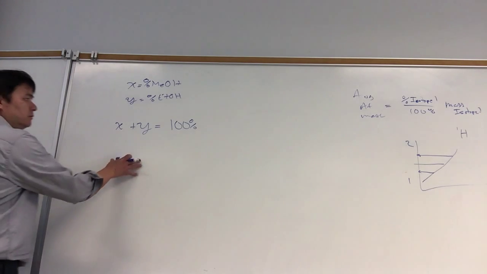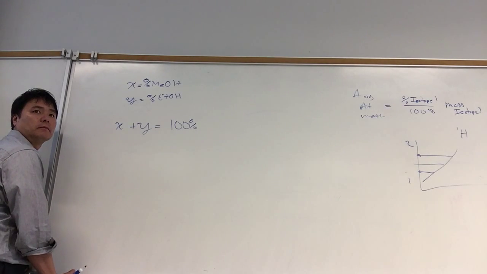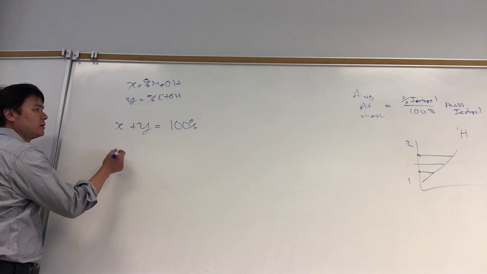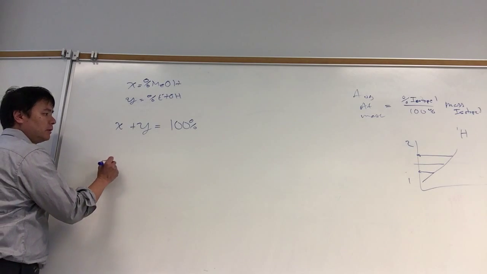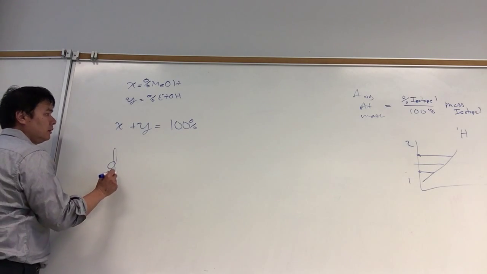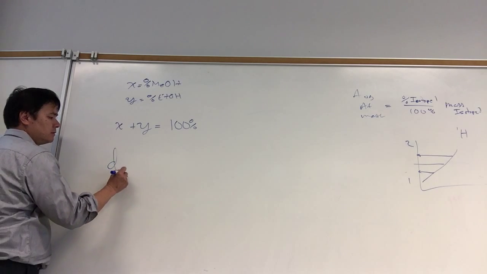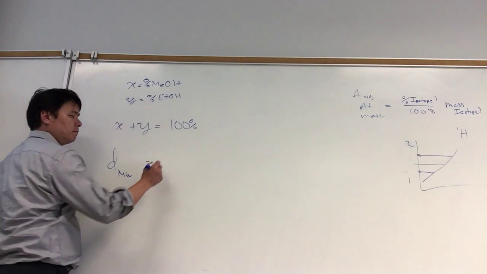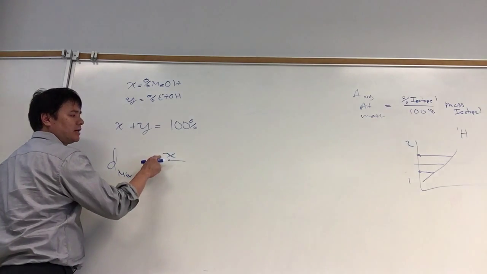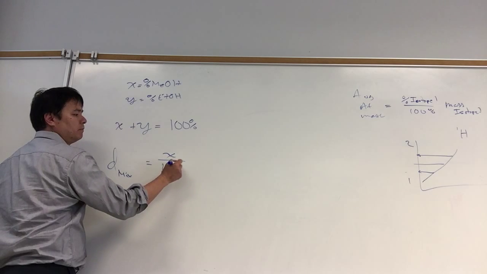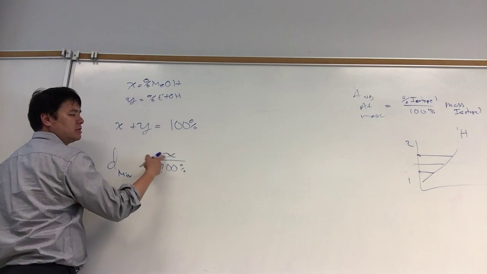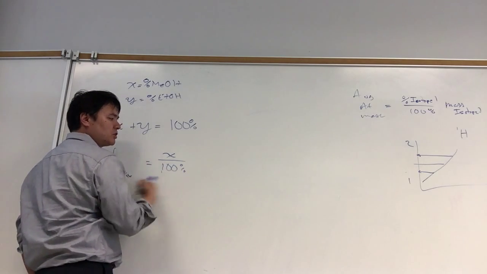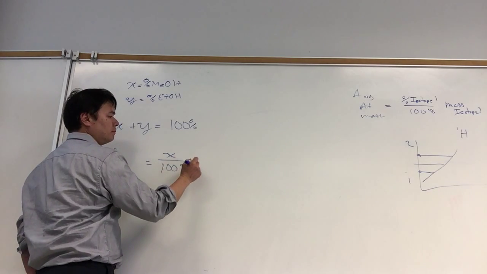And so give me another equation. We're rapidly running out of time, but let me just give it to you. The density of the mix is going to equal what fraction of this mixture is methanol?